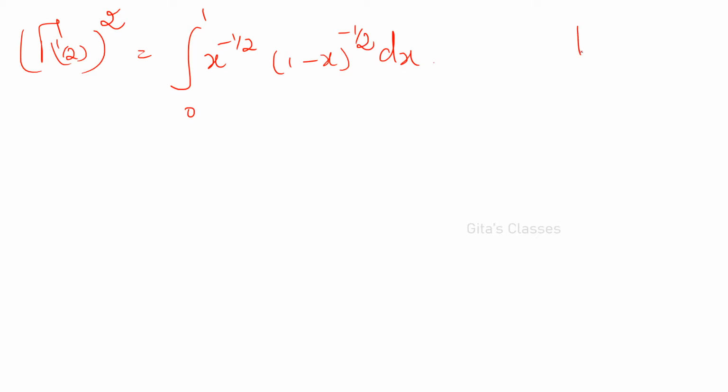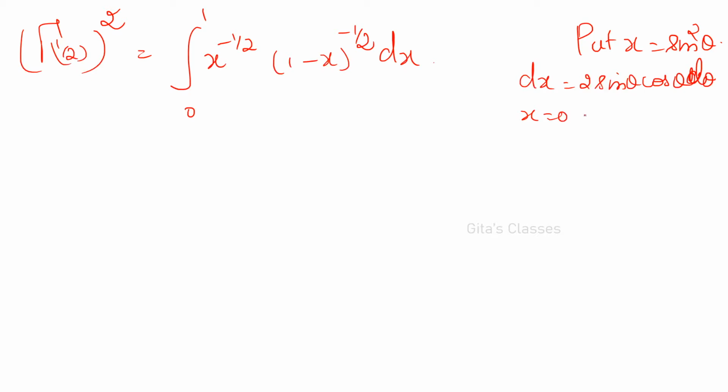Now you make the substitution, x is equal to sine square theta. So what is dx? 2 sine theta cos theta into d theta, right? In the right hand side. When x is equal to 0, sine square theta is 0, therefore theta is equal to 0. When x is equal to 1, sine square theta is 1, so sine theta is equal to 1, for which theta is equal to pi by 2.